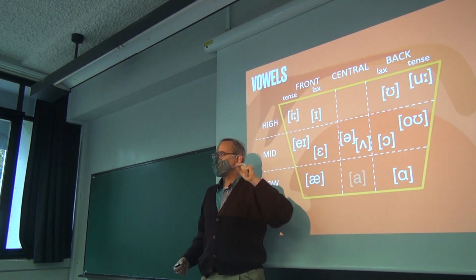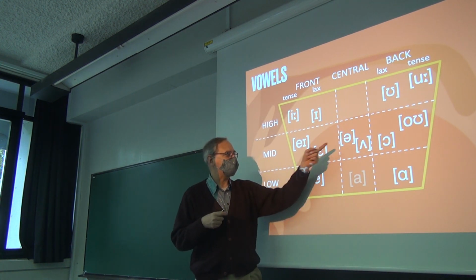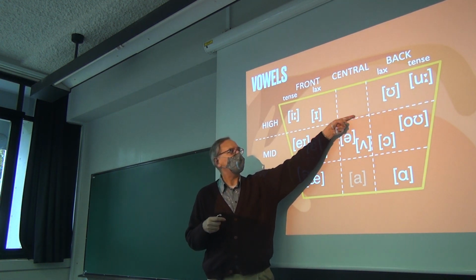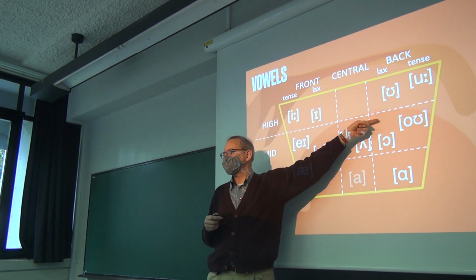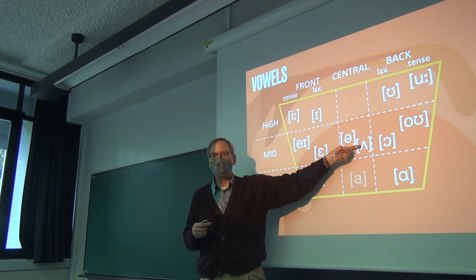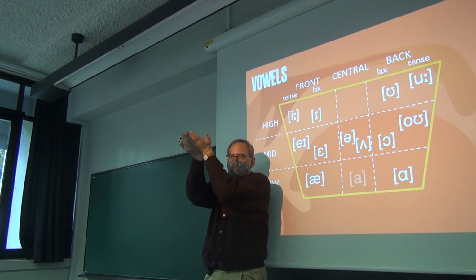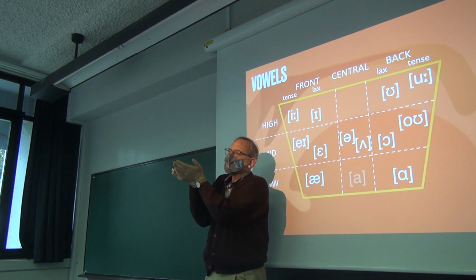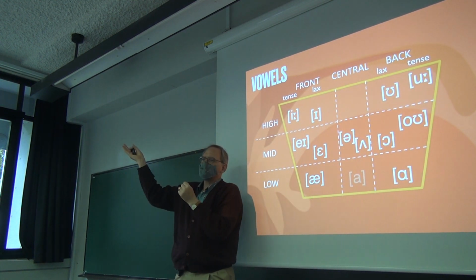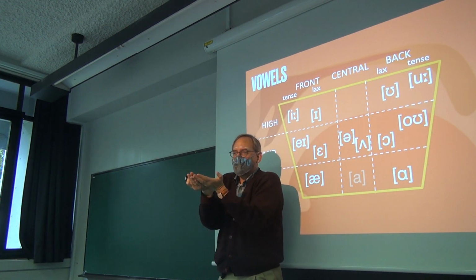And in some varieties of English, including mine, the dialect I speak, we also have a high central vowel pronunciation. So if I go from schwa to this, the tongue is raising, right? If I raise even higher without pushing towards the front or pulling to the back, what I get is this sound.